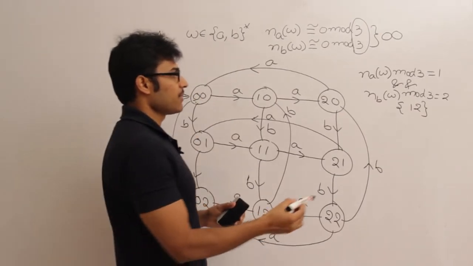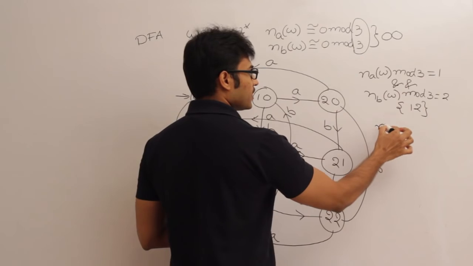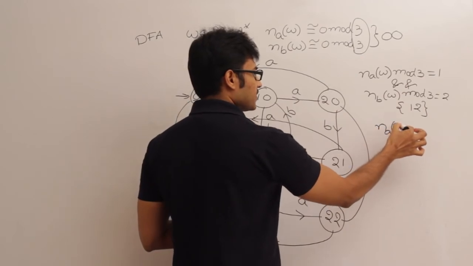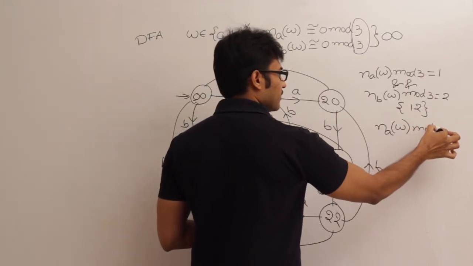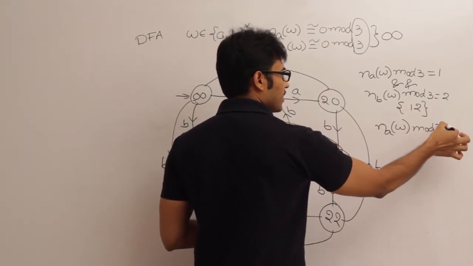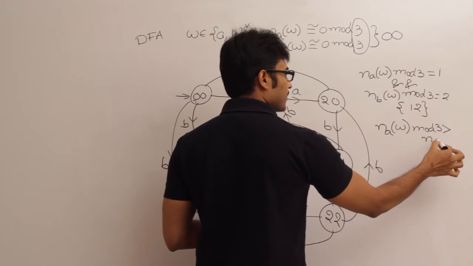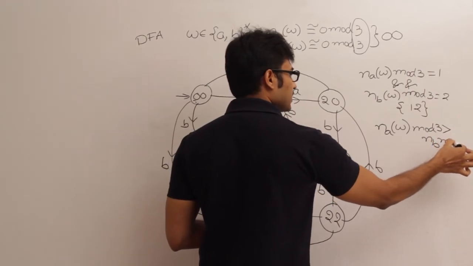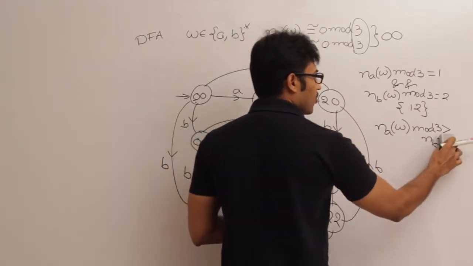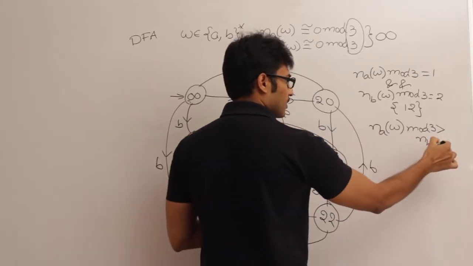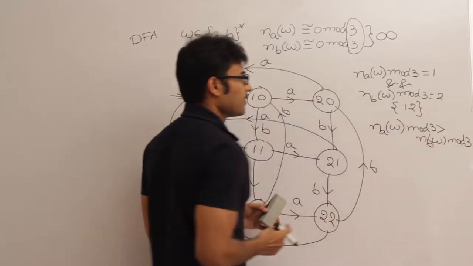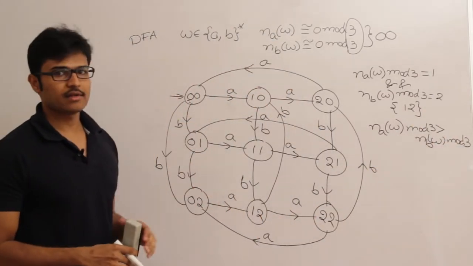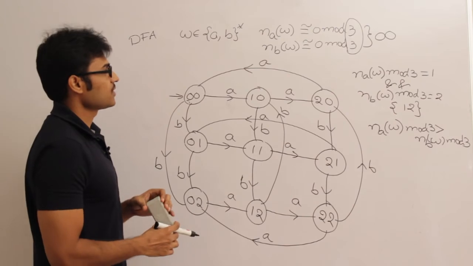Or they can even compare the number of A's and the number of B's mod 3, which means the number of A's in the word mod 3 has to be greater than the number of B's in the word mod 3. Where is the number of A's and the number of B's?